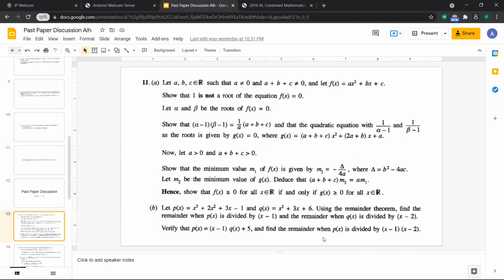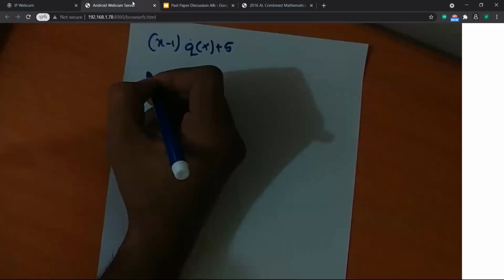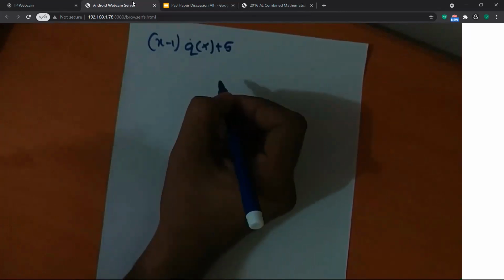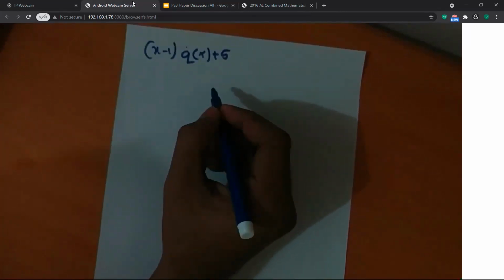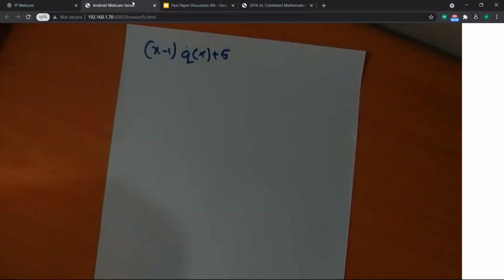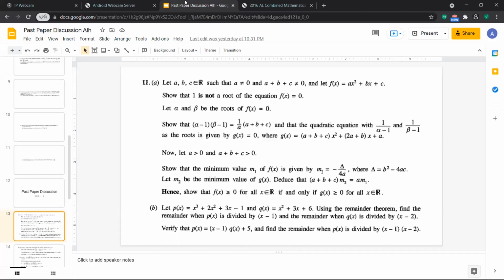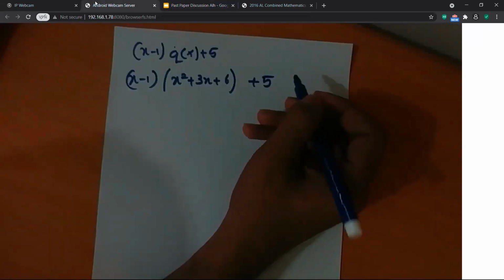So (x minus 1) times q(x) plus 5: we know q(x) is x squared plus 3x plus 6, so (x minus 1) times (x squared plus 3x plus 6) plus 5. For q(x), we substitute that.